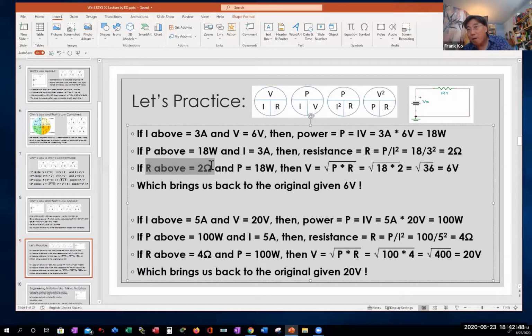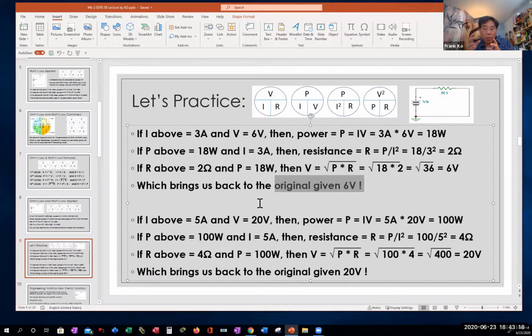Now, if I say R is equal to 2 ohms, and earlier we calculated 18 watts, I'm looking for V, just to verify V. V is equal to the square root of P times R, the square root of 18 times 2, which is the square root of 36. And the square root of 36 works out to be how many volts? 6 volts. So this brings us back to the original given 6 volts.